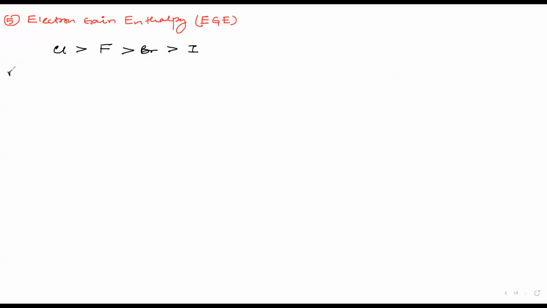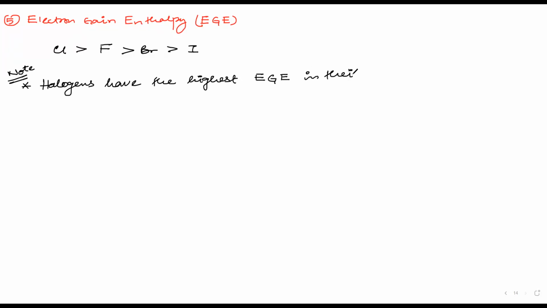Now write a note. The note is: halogens have the highest electron gain enthalpy in their period. Why?